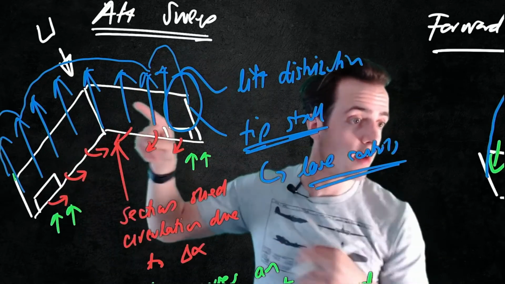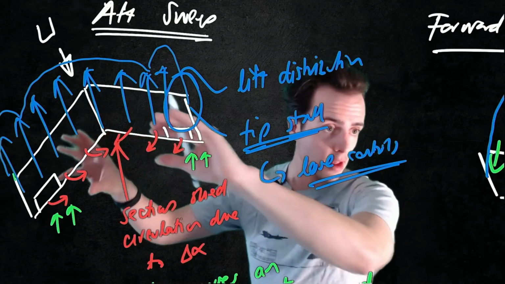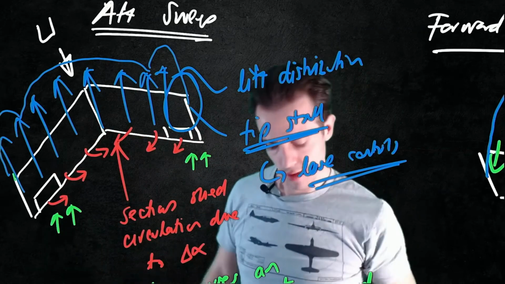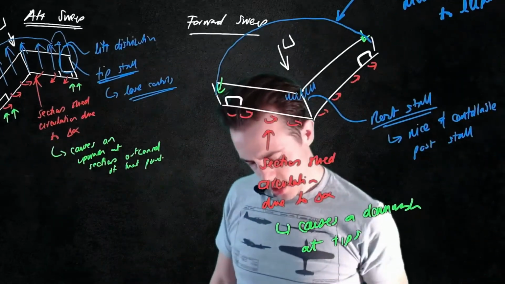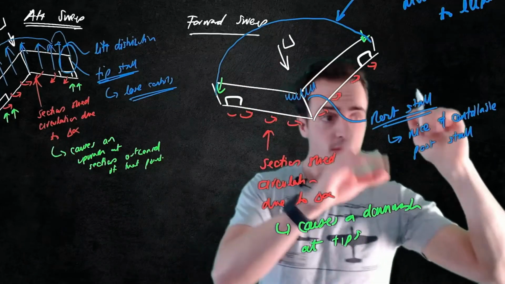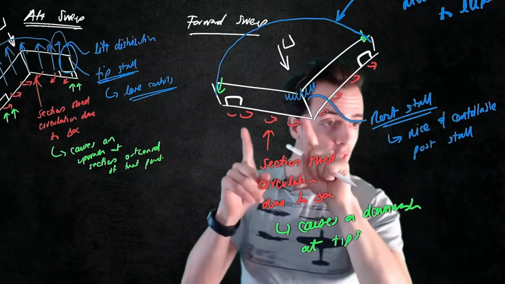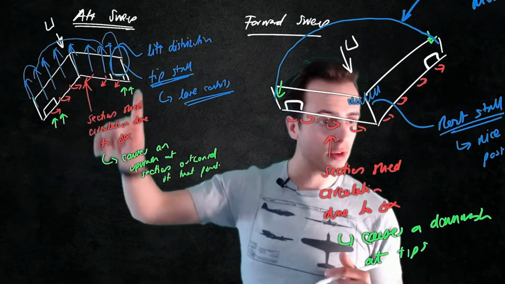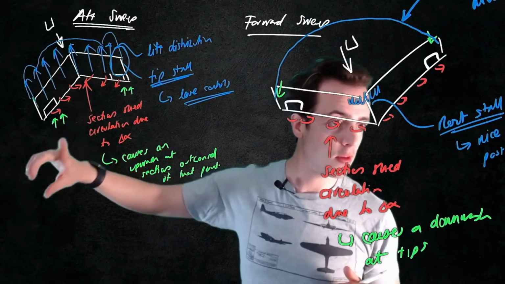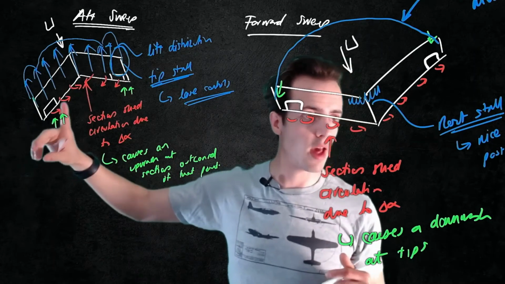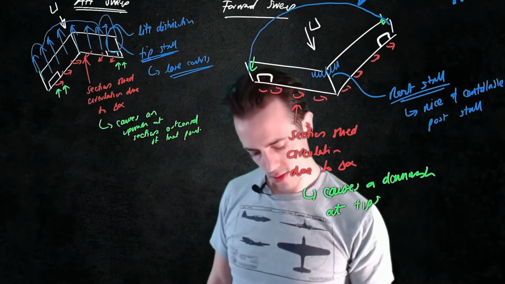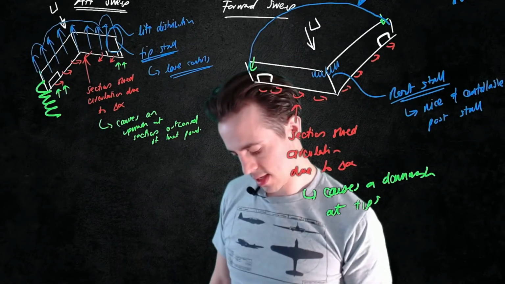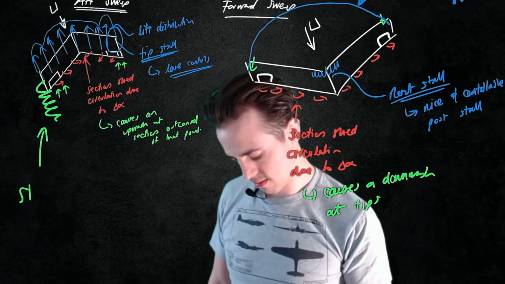So even if we could have a root stall here, we'd still have a tendency to see this go onto the ailerons. So this fact means that for controllability and maneuverability, this is often better, but also when we've got a lift distribution that looks like this, we're going to have a tighter tip vortex. So we're going to have a stronger tight tip vortex.